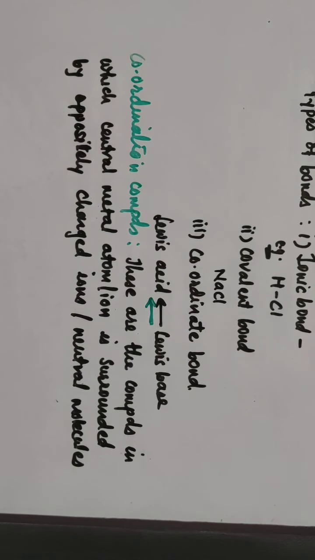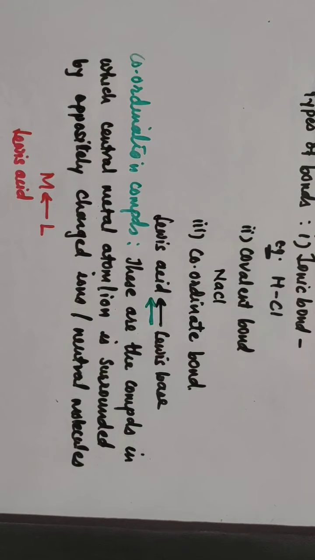We'll take an example: central metal ion M, surrounded by different types of oppositely charged ions or neutral molecules. Here your central metal atom acts as an electron acceptor. It is a Lewis acid.